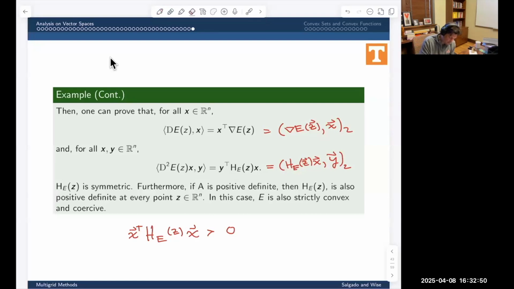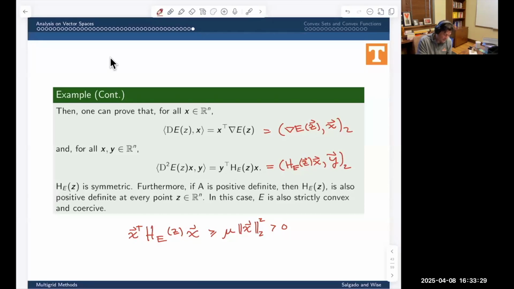But actually, we can go a little bit further. It's easy to show, or maybe you recall that it is possible to show, that there exists some mu such that this is greater than or equal to mu times the 2 norm of x squared. We're dealing with a Euclidean case here. As long as x is not the 0 vector, this is always going to be positive, so you can use this intermediate step to show that this is always positive.